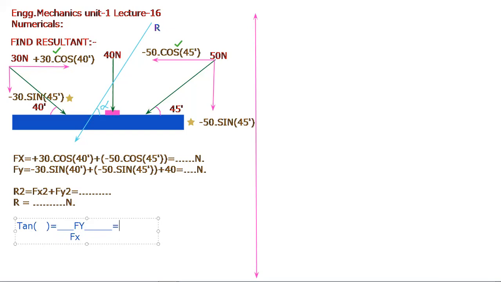Is equal to whatever the answer you are going to get, that you have to write here, and after that you have to do the tan inverse, and after that you will get the answer of alpha, that is angle made by the resultant with the horizontal axis, that is x-axis.